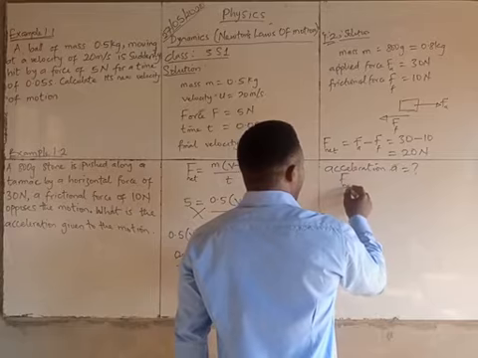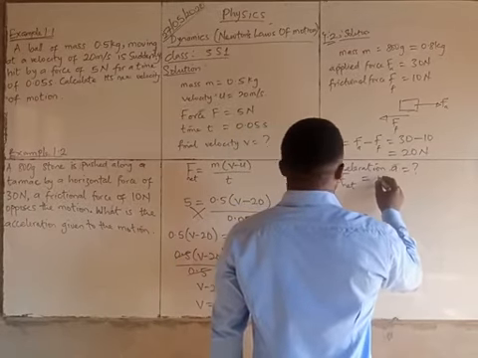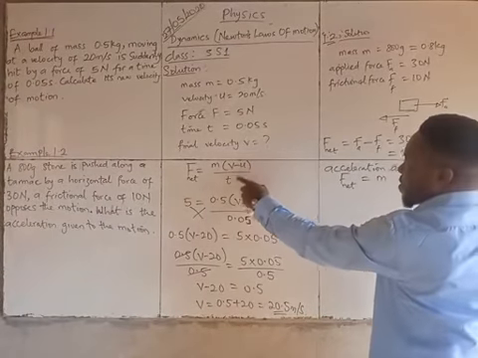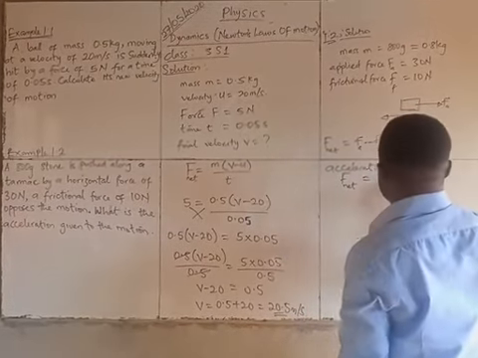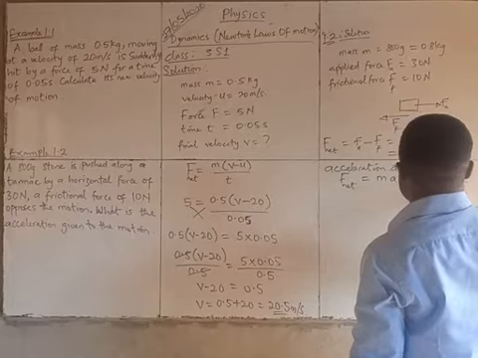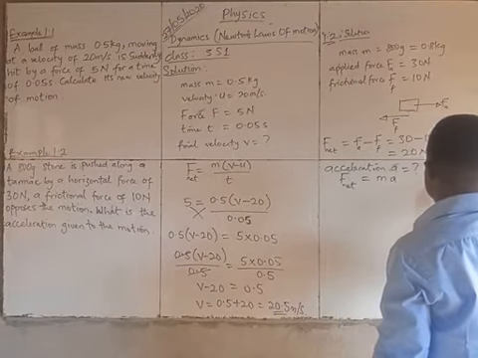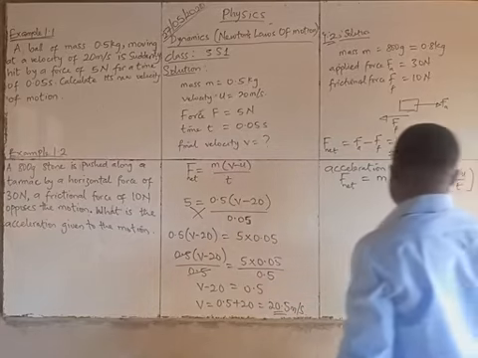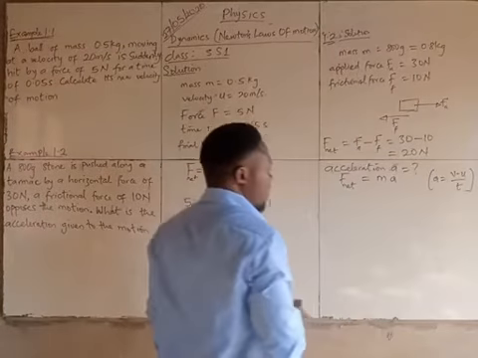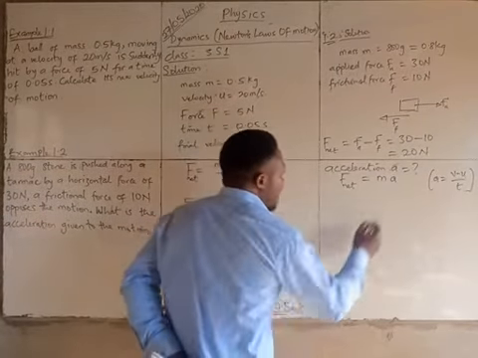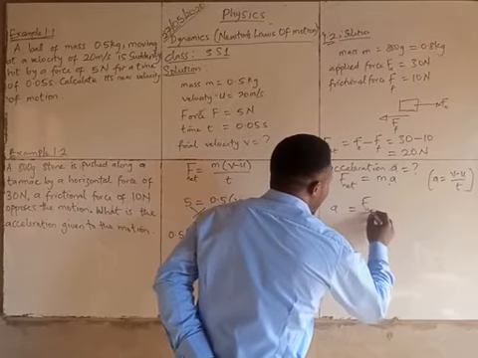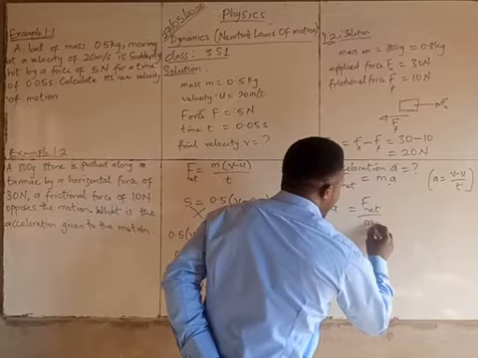F net is equal to mass times V minus U over T. Remember that V minus U over T is the same as acceleration. A is equal to V minus U over T from your equations of motion. And therefore, we can get A equal to F net all over mass.